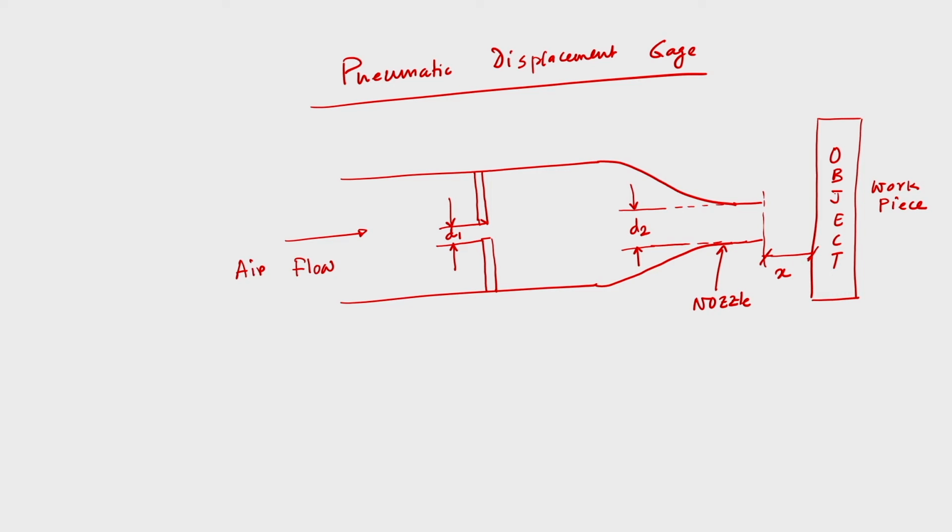Now we need to have pressure gauges. Say this is one pressure gauge P2 and this is P1. This is very important, that we will measure these. Let us say the ambient pressure is equal to PA.